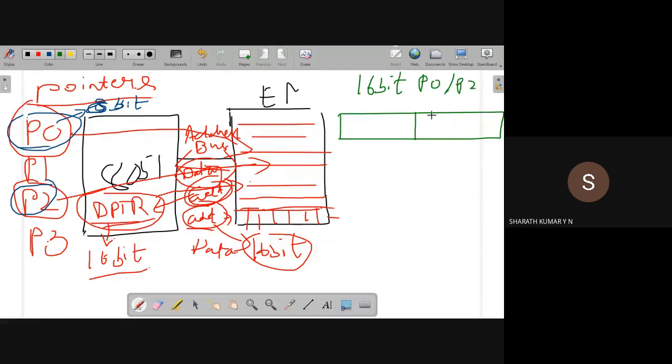Out of the 16-bit address, this is the lower byte, from 0 to 7, and this is the upper byte, from 8 to 15. So totally it is 16 bits.